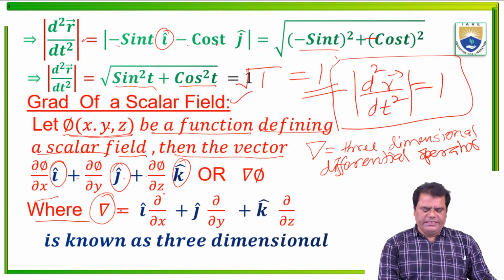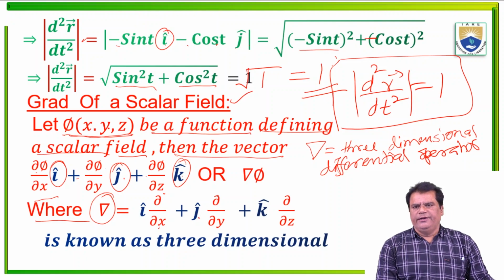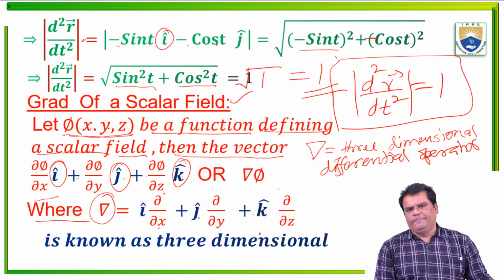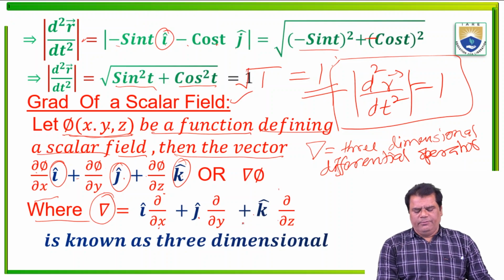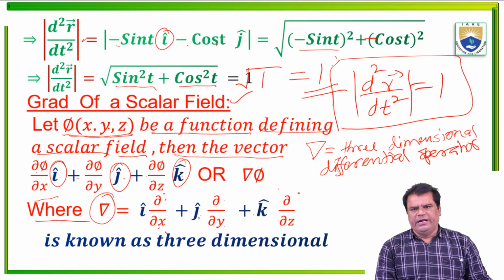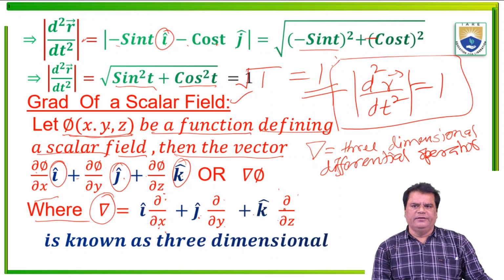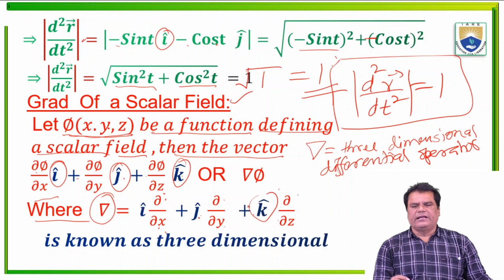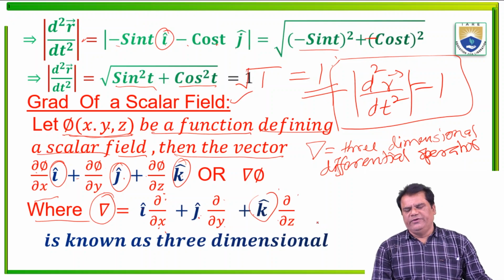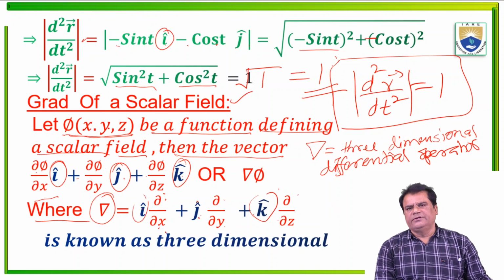The value of this is i ∂/∂x plus j ∂/∂y plus k ∂/∂z. With i we differentiate with respect to x, with j with respect to y, and with k with respect to z. Because k is a unit vector along the z axis, we differentiate with respect to z, and i is along the x axis, so we differentiate with respect to x.